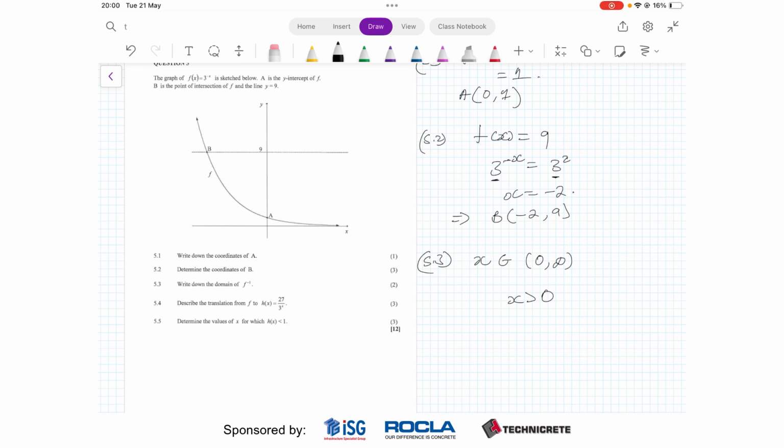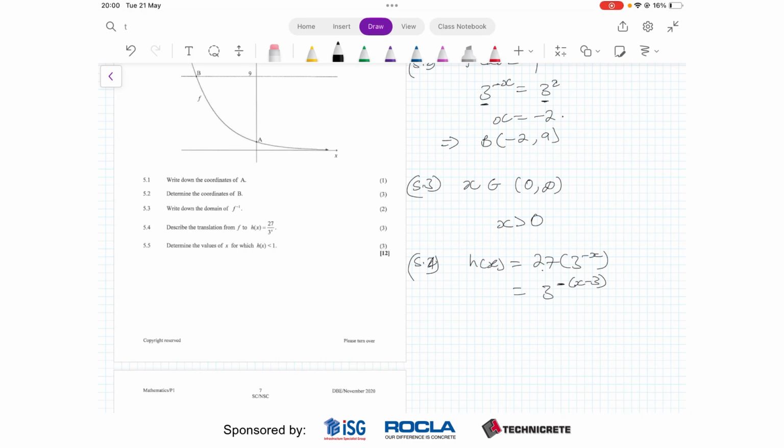5.4, describe the transformation from f to h at x. Okay, so the transformation that takes place, h at x is equal to 27 into 3 to the power minus x, right, which is equal to 3 to the power minus x minus 3, because remember this has a base 3 to the power 3.